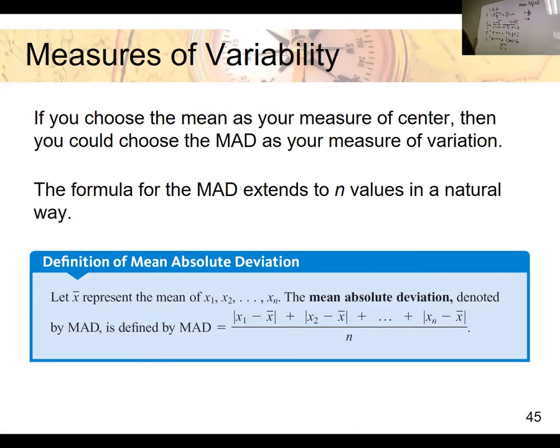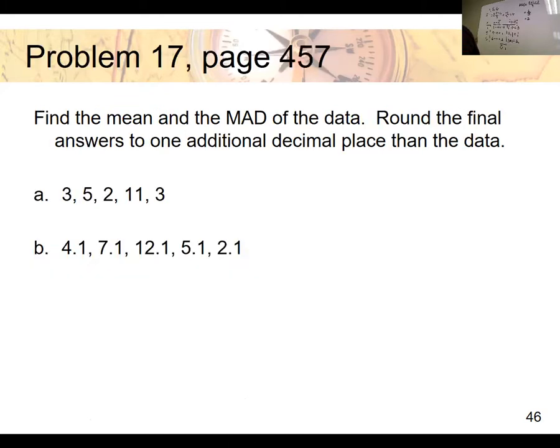Okay, so let's look at problem number 17 on page 357. In this case, we want to find the mean and the mean absolute deviation of the data, and we'll round the final answer to one additional decimal place than the data itself.